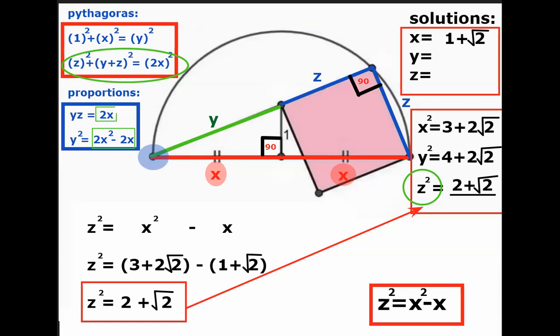There's a little bit more here to think about, because we have the relationships between the squares written out here, and it seems very interesting. Whatever that area is for x, y is just one more unit of area, precisely one more unit. Amazing. But then if you look from y squared to z squared, well, half of 4 is 2. Half of 2 root 2 is the square root of 2.